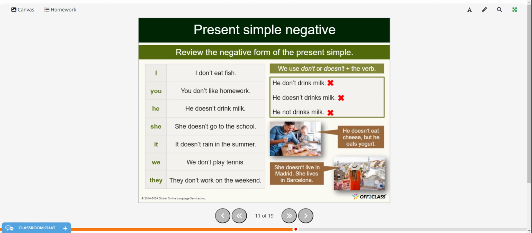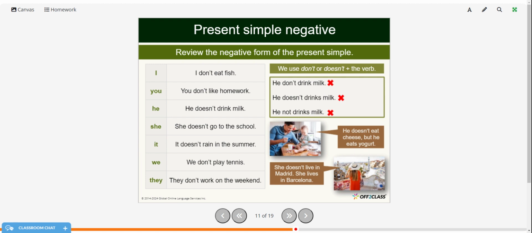She doesn't go to the school. It doesn't rain in the summer. We don't play tennis. They don't work on the weekend. So you would never use don't with he, she, or it. So we can't say he don't drink milk. That would be incorrect. We can't say he doesn't drinks milk. And we can't say he not drinks milk.